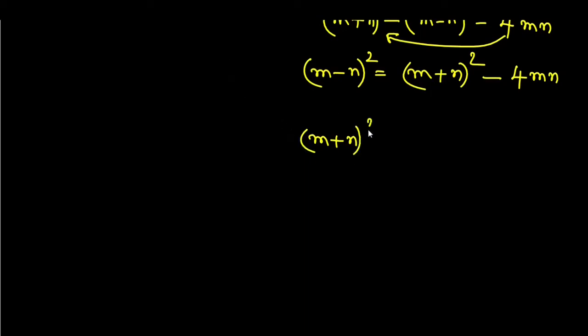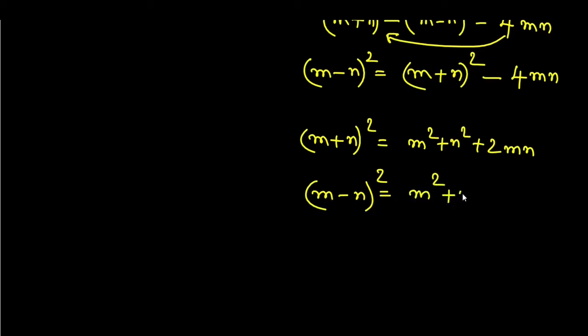(m + n) whole square is equal to m square plus n square plus 2mn. (m - n) whole square is equal to m square plus n square minus 2mn.